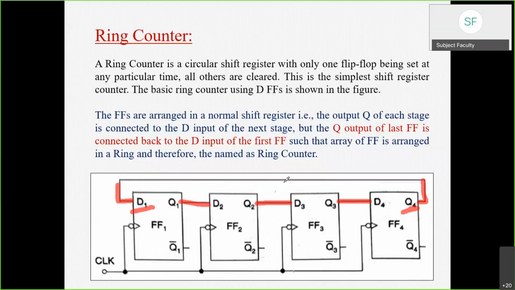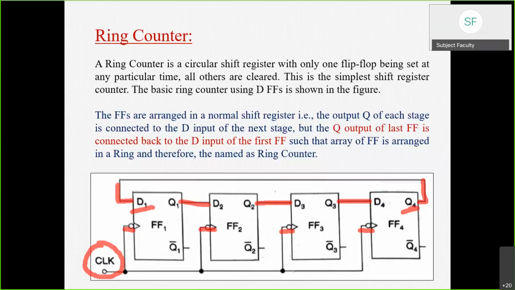Okay, so it is forming a ring. That's why it is called a ring counter. And again, the clock signals for each flip-flop are connected together and one common clock is applied. That means all these flip-flops will be simultaneously triggered. That is nothing but a synchronous circuit, obviously.